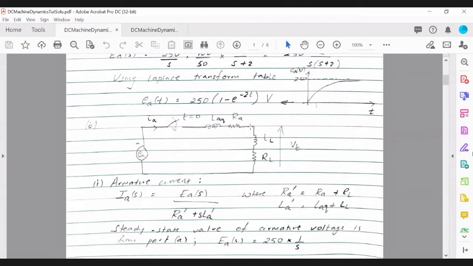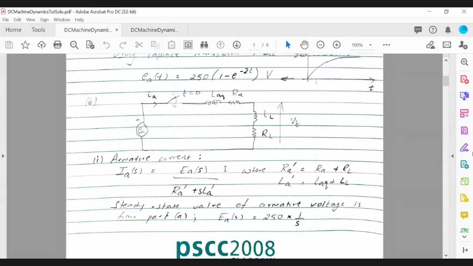So we're adding a load resistance and an inductor in series with the machine. Now when at t equals 0 you close the switch, the armature current, the current that's going to flow in the circuit, will be the armature voltage, which is from here, divided by the total resistance and the total inductance of the circuit.